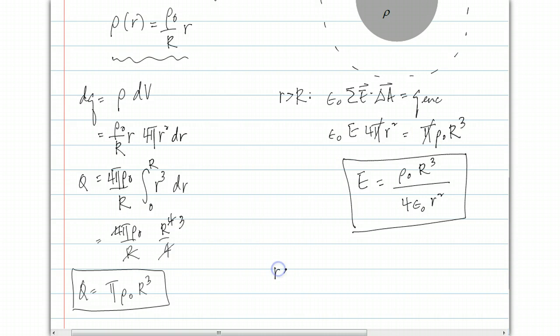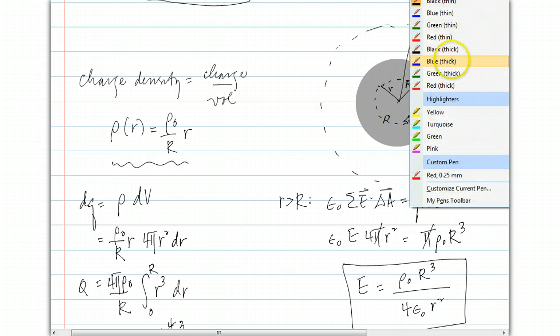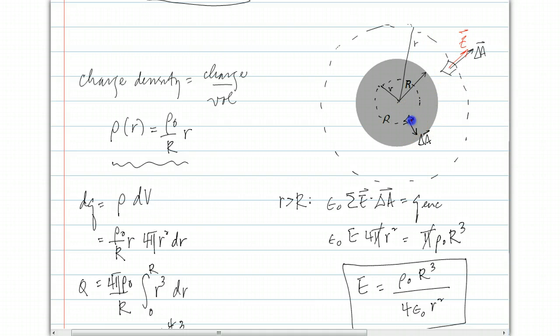Well, what about r less than big R? For that, of course, what I'm going to do is, here's R. I need to use a Gaussian surface of radius little r, and once again I draw my infinitesimal delta A's and E at each of the delta A's, like so.